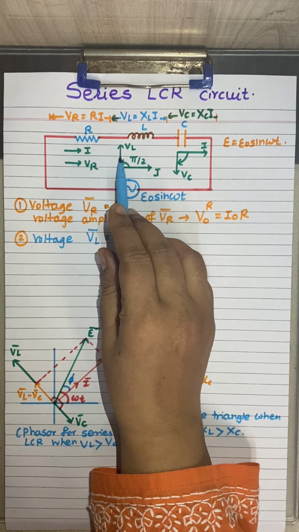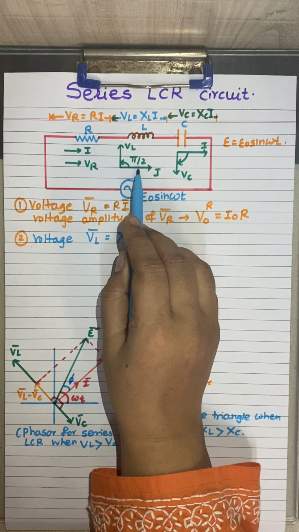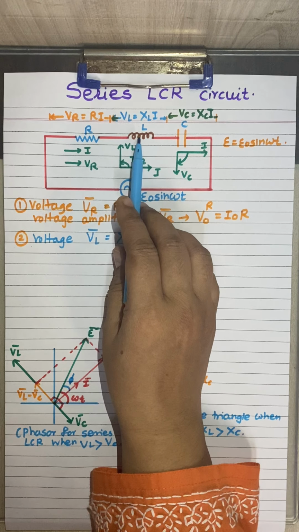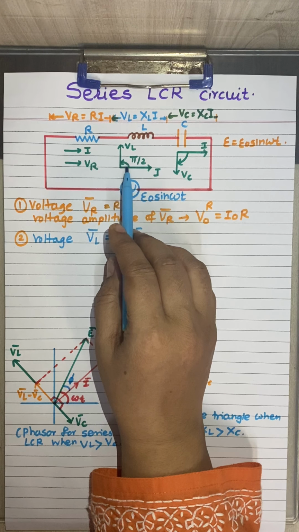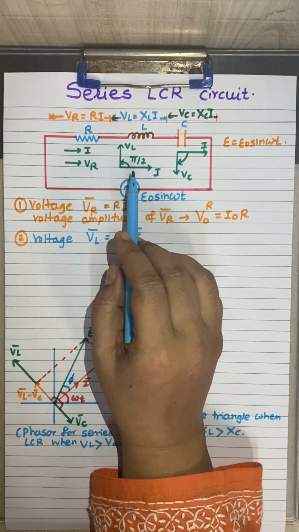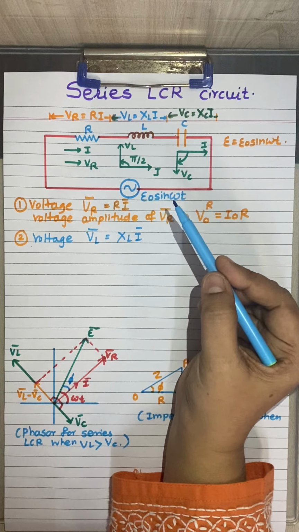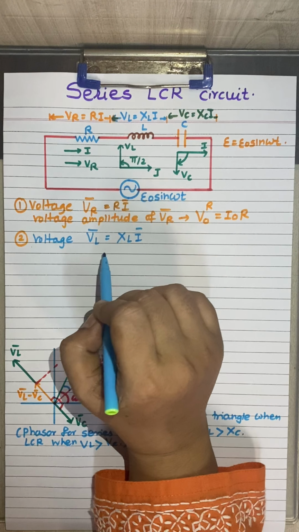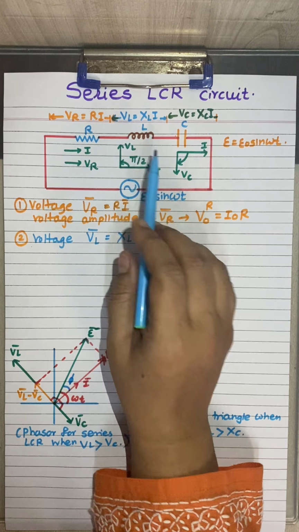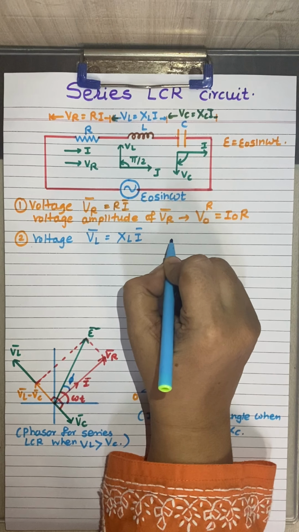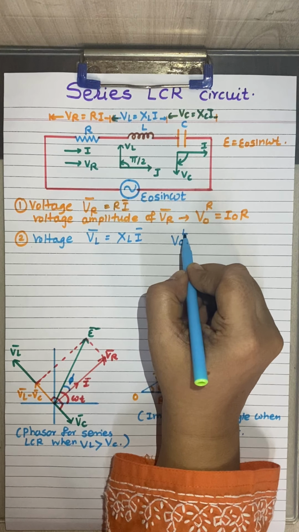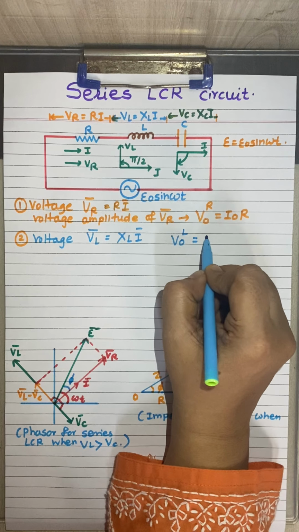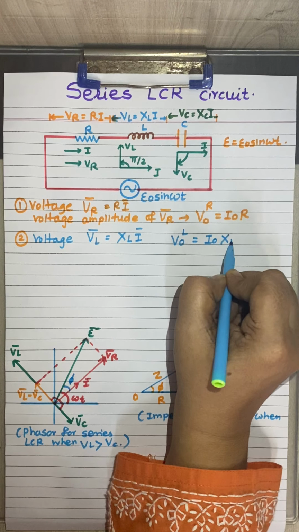Voltage is always ahead of the current in a circuit consisting of an inductor, by pi by 2 phase. Therefore, the amplitude of the voltage across the inductor, that is the peak voltage V naught L developed across the inductor, is equal to I naught into XL.